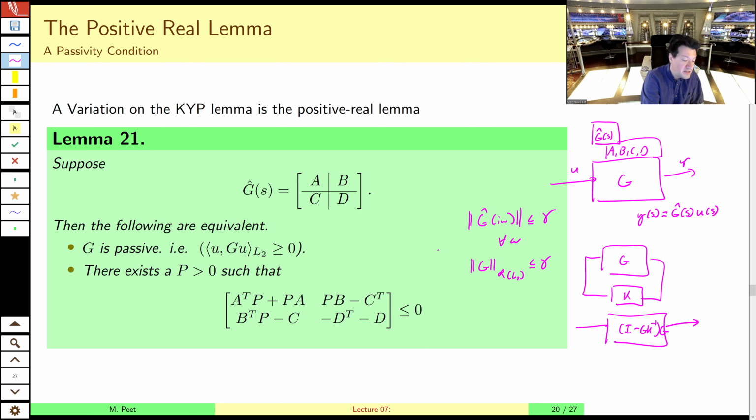And the interconnection, of course, is because this is, by definition, the H infinity norm of that system. Or I should say, the H infinity norm of that transfer function. So we use the H infinity norm interchangeably for systems and for transfer functions. But really, rigorously, the H infinity norm only applies to the transfer function, and it's a signal norm, but it's equal to the induced L2 norm on the system, right?